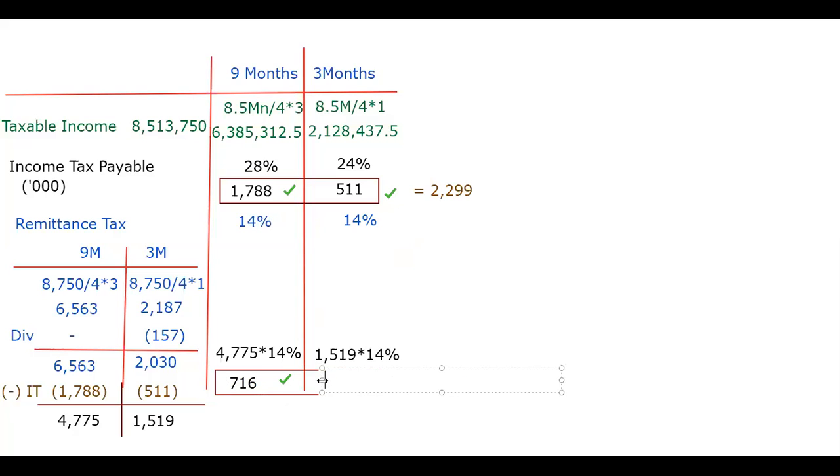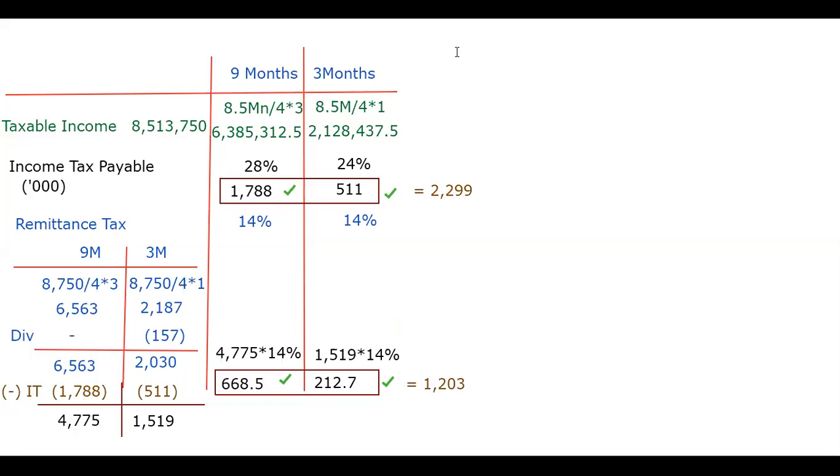Here, so it's 668.5. For the first one, 668.5. Yeah, sorry, 668, right? Then the second one, 212.7. Yeah, correct.